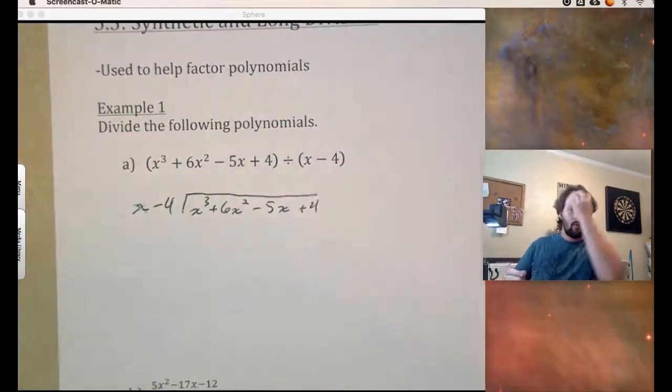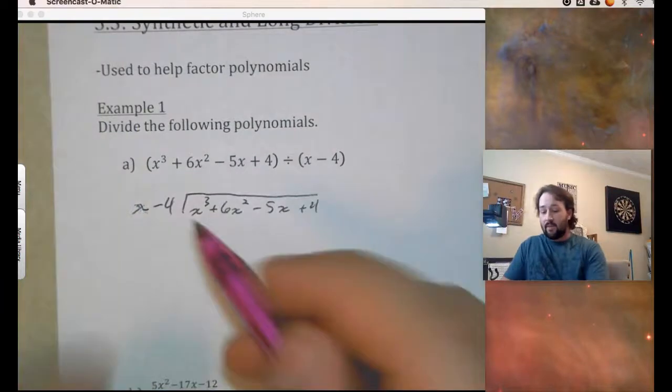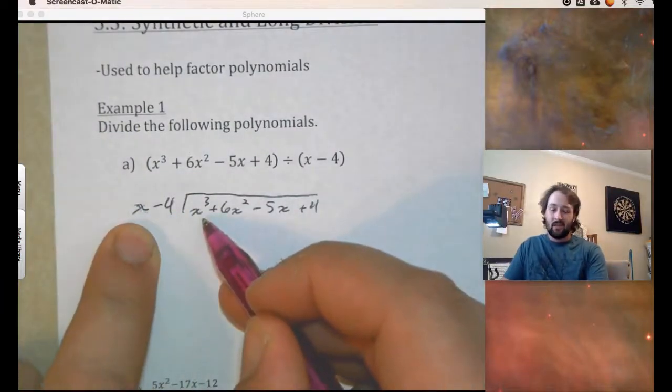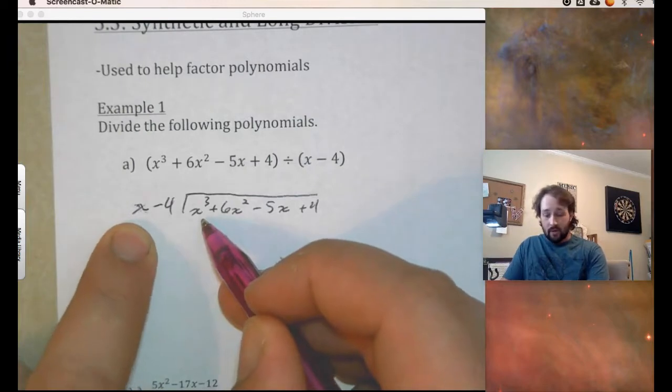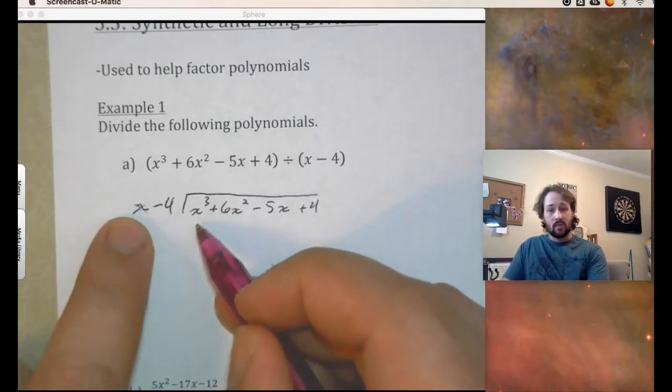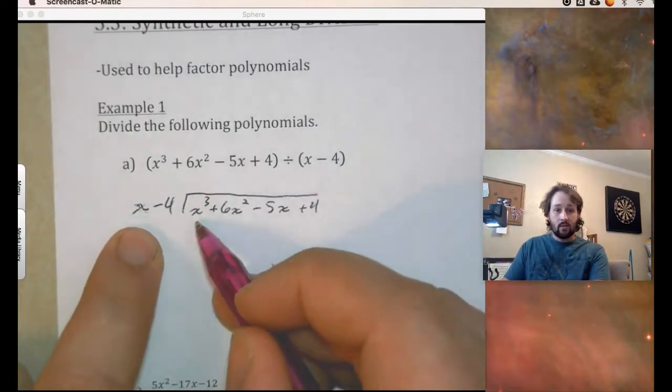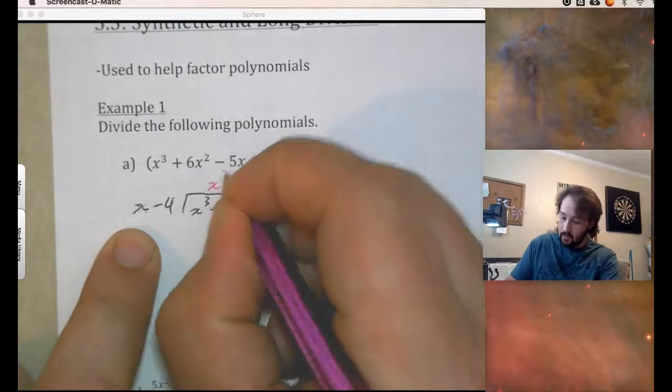Now what I'm going to do is see how many times x minus 4 goes into my first term. It's kind of confusing, but I only look at the first things. So x and x to the third. How many more x's do I need to get to x to the third? Well, I need x squared.